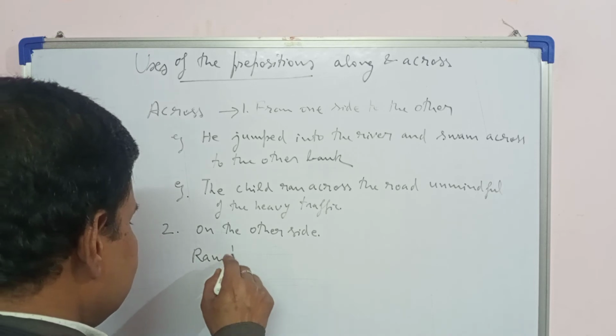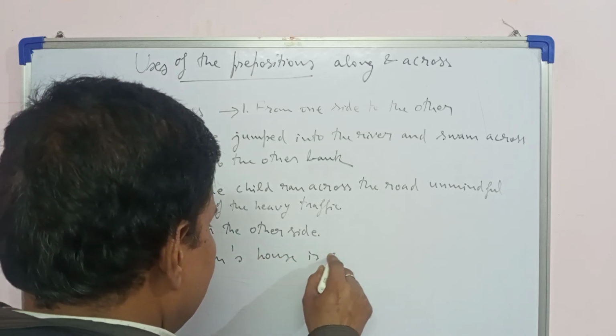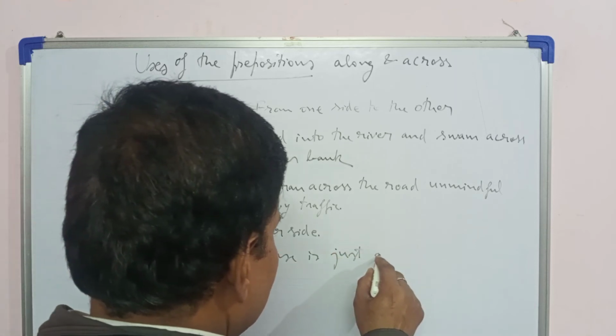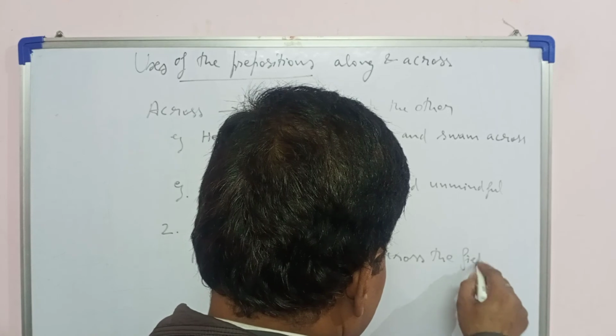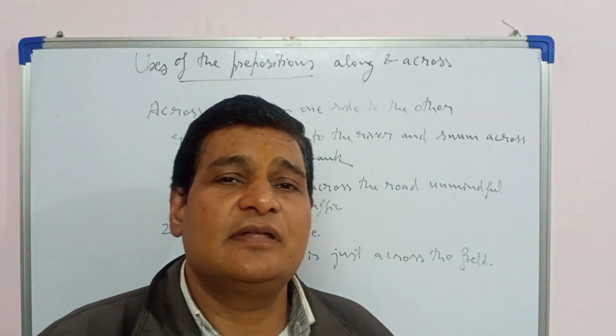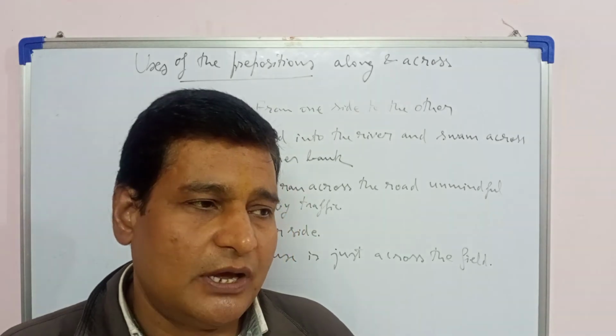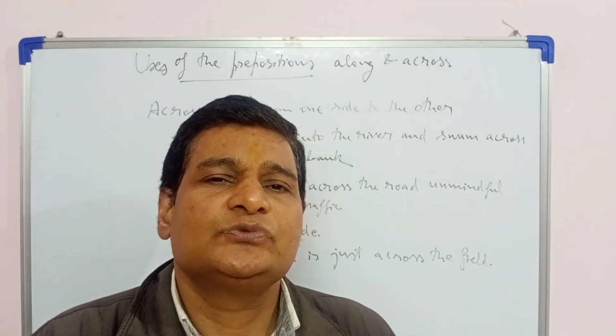Ram's house is just across the field. Just across the field, just across the playing ground, just across the Mela ground.